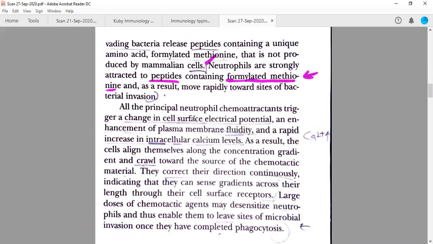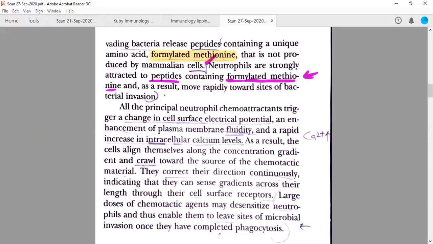Then a few lines are also important in this paragraph. Invading bacteria release peptides containing a unique amino acid, which is formylated methionine. If you have already studied molecular biology, you should know that in prokaryotes, in bacteria, this is the main difference between a prokaryotic cell and a eukaryotic cell. They have this formylated methionine, and this formylated methionine is a kind of tag, right?